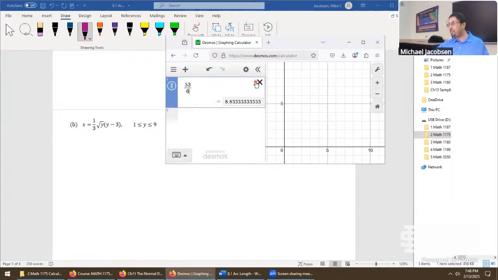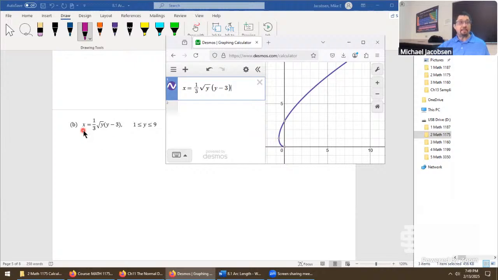Let's first just get a feel for what that curve looks like. X equals 1/3 square root of y minus 3. There's our curve. Now, it's plotted in an ordinary xy axis. So one thing to note right away in this curve, it violates the vertical line test. Well, that's just because x is the dependent variable, not the independent variable.